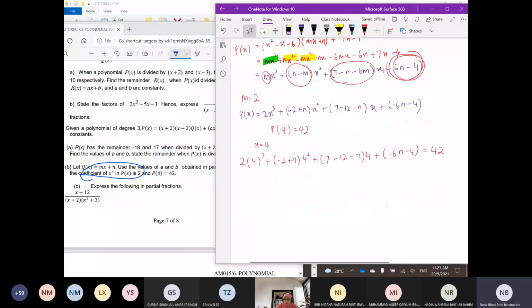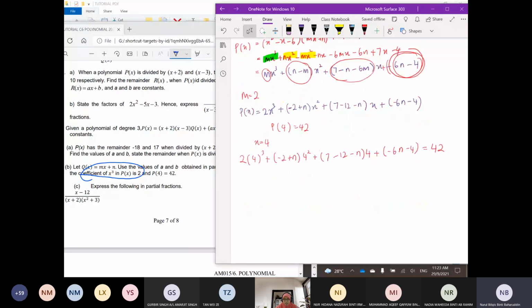Then you need to solve this equation, all the terms, in order to find your n.